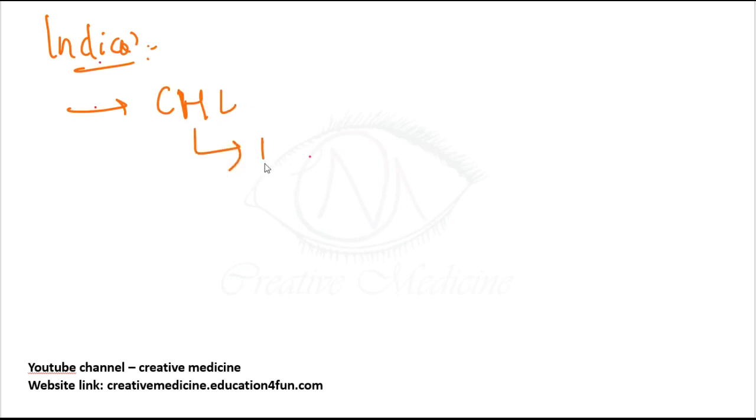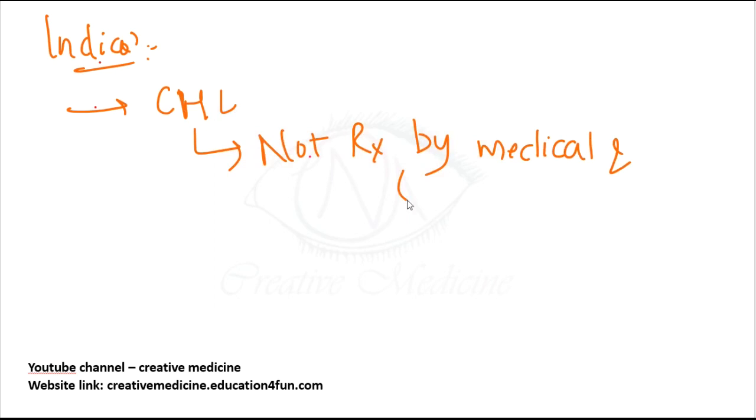Then the next important topic is the indications of hearing aids. Absolute indication: conductive hearing loss. Here the patient has a hearing problem which is not treatable by medical or surgical methods; in them we give hearing aids.